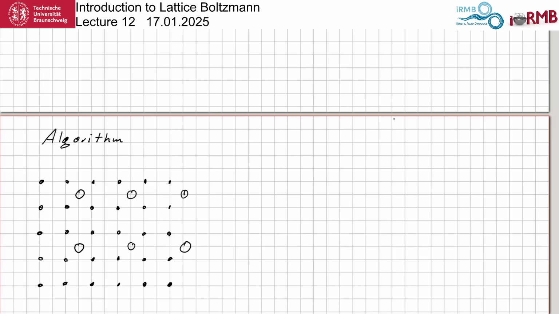I will now say that this is the place where we interpolate from the fine to the coarse grid, and this here is the place where we interpolate from the coarse to the fine grid. In order for this to be possible, we need to have this overlap.